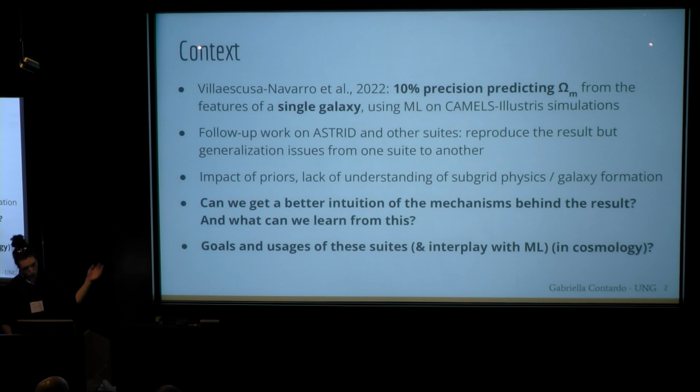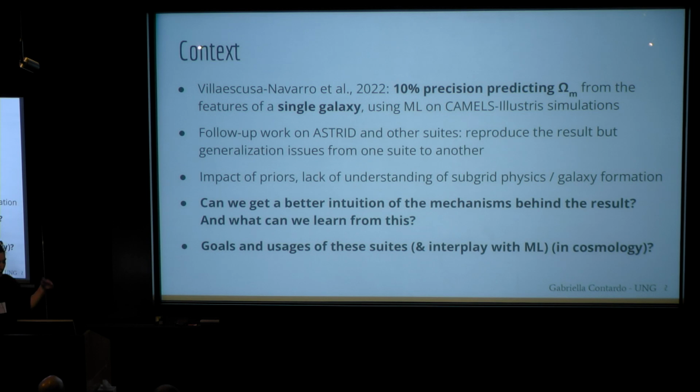And so that's what motivated us to do this follow-up analysis, to try to get a better intuition of the underlying mechanism and what we can learn from this, either from the cosmology aspect or the simulation aspect. Basically in this talk, I'm going to do very simple things to show very simple aspects of the data. It's a data scientist perspective on this.